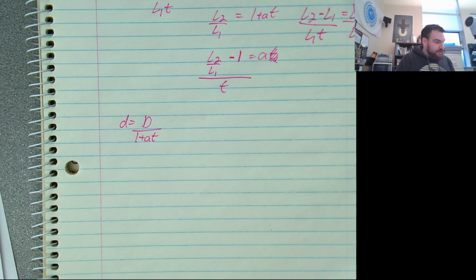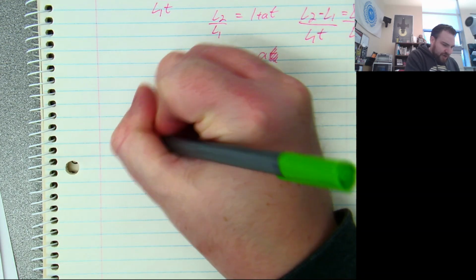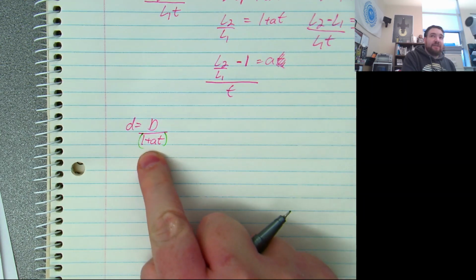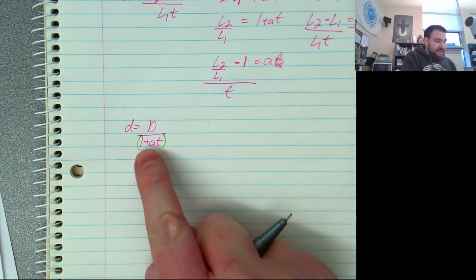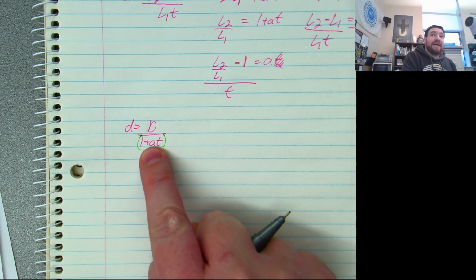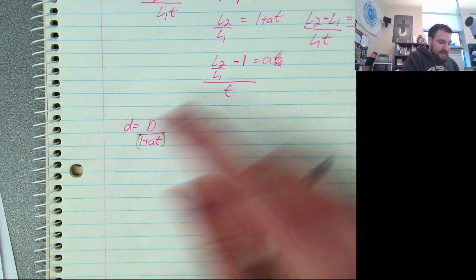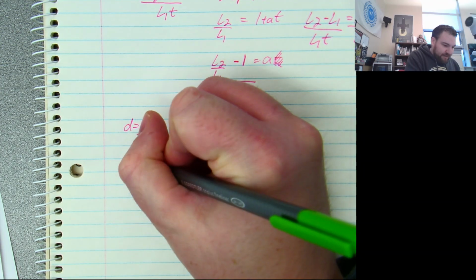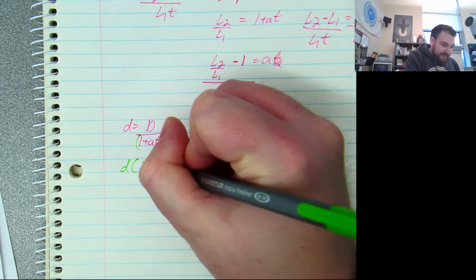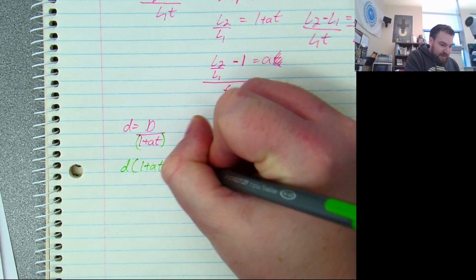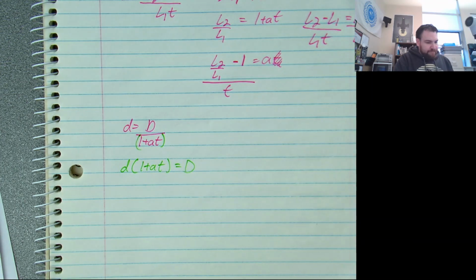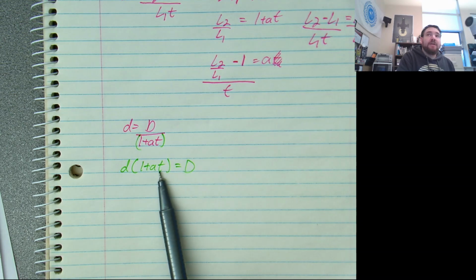I think the easiest way to do this, it's similar to letter C, where we've got this whole object down in the denominator. Because the thing we're trying to solve is buried inside that, we need to multiply this whole denominator up to the left-hand side. So we're going to get d, and then I would leave it in brackets like this, 1 plus at equals d. And we're still trying to solve this thing for that letter t right there.